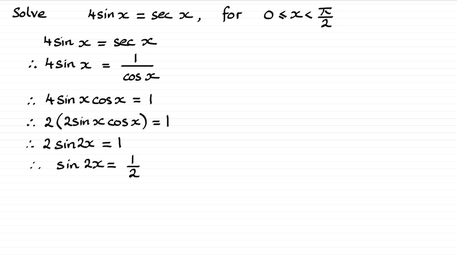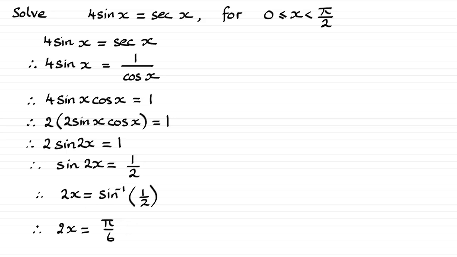And to get 2x, I just need to take the inverse sine of both sides, leading to 2x equaling the inverse sine of a half. And this should be very recognizable, certainly in degrees, as being 30 degrees. But we've got to work in radians, so therefore 2x would be the equivalent of 30 degrees in radians. That would be pi upon 6 radians.